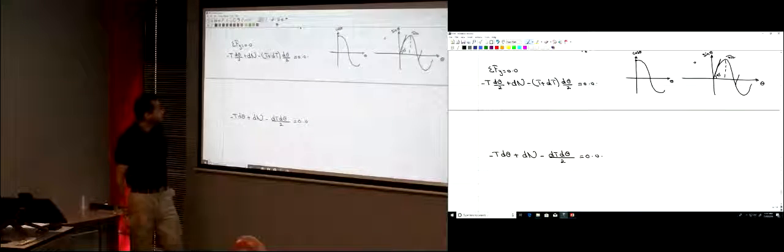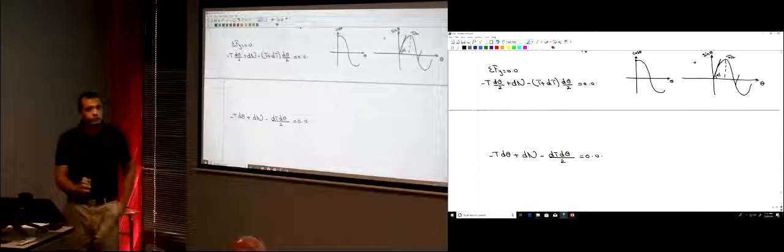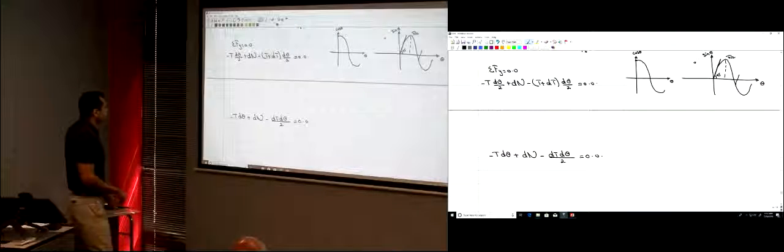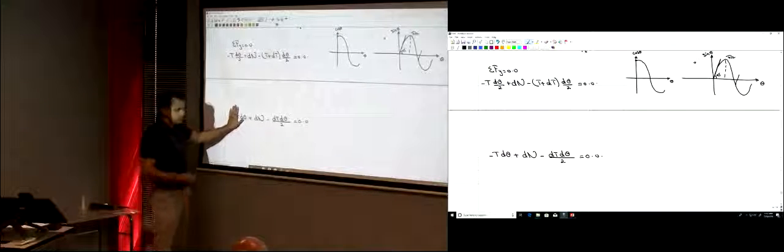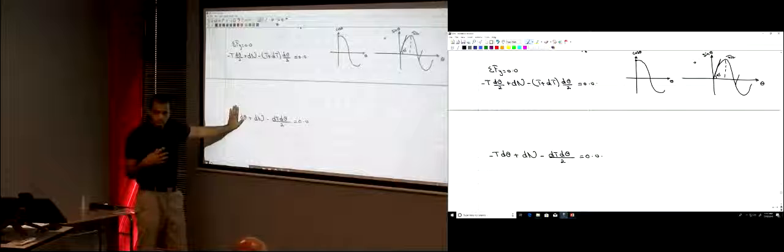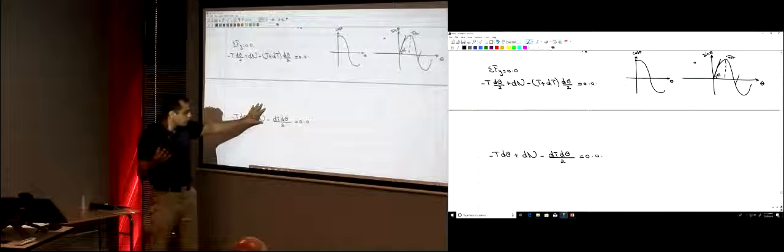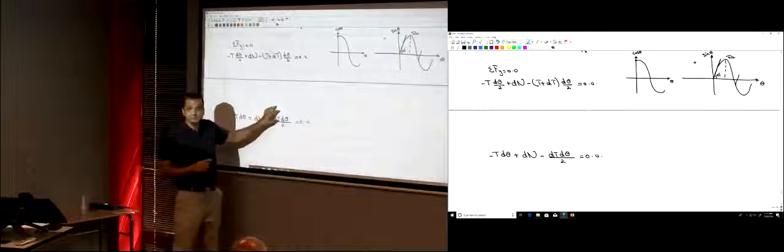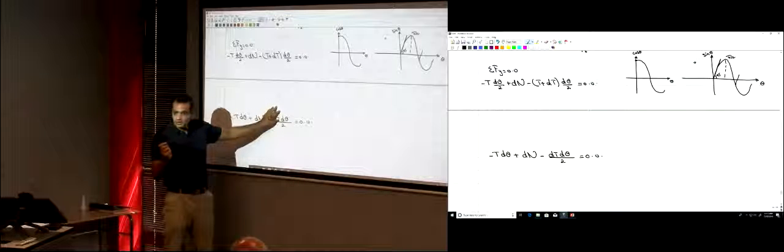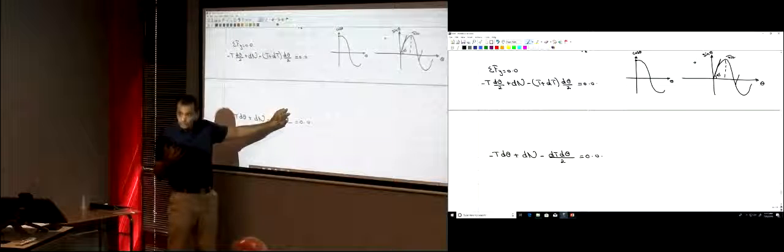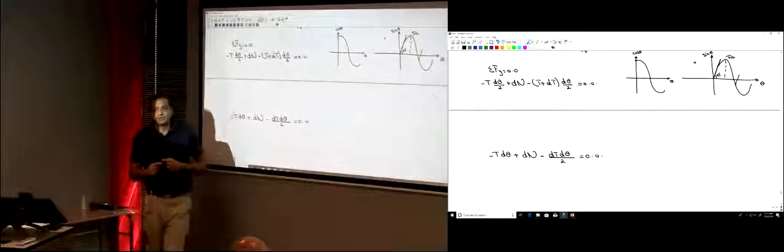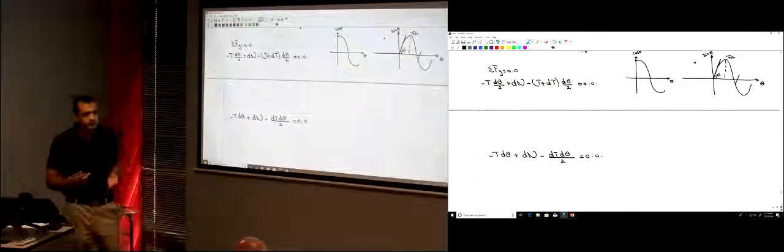Now, looking at this equation, we have T, a large number, the tension force. And d theta is a small number, almost 0. dN is a small number. dT, the change in the tension, is a very small number. What happens when you multiply a very small number by a very small number?